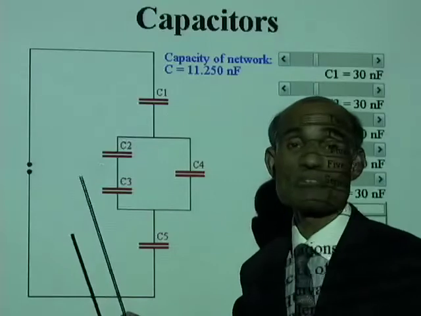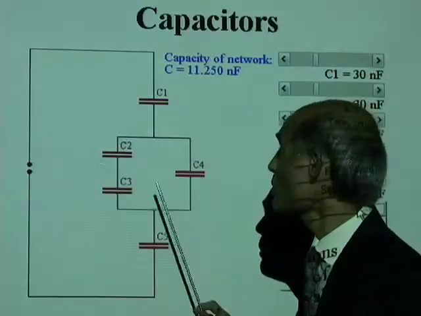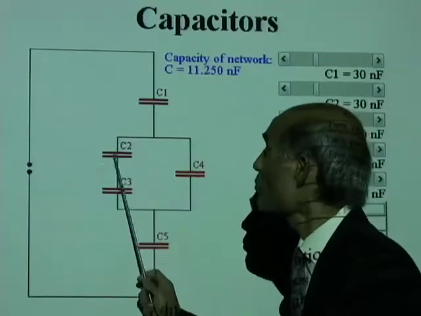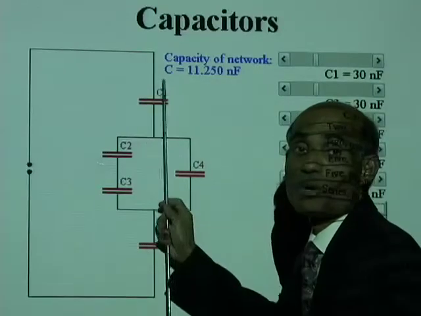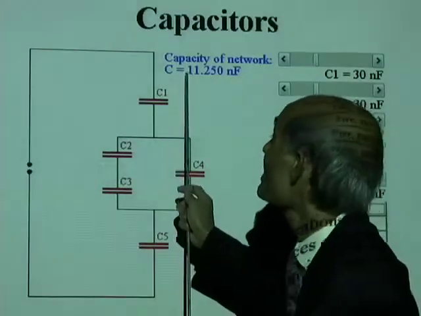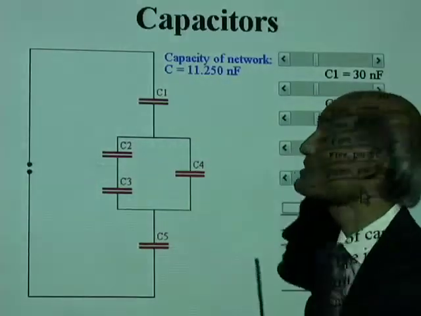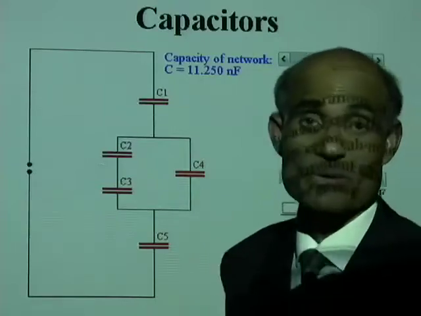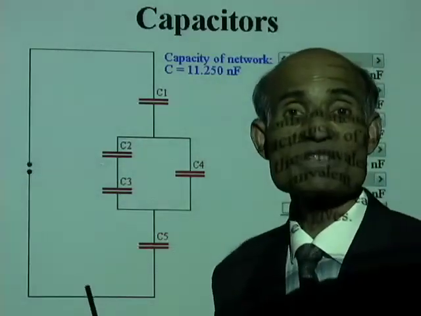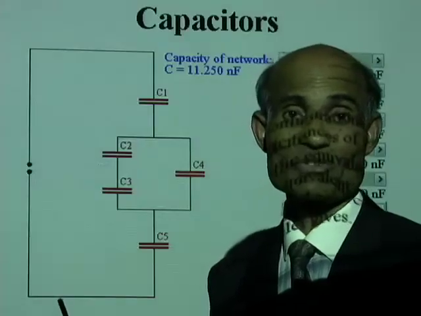If the total capacitance is C, then 1 over C will be 1 over 30 plus 1 over 45 plus 1 over 30. Now check if you get this value, 11.25 nanofarad. But this is a good exercise to understand the meaning of series and parallel connections.